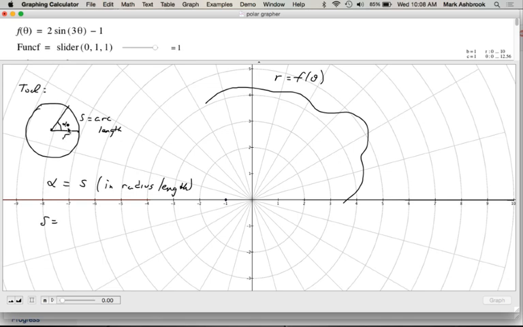It's alpha number of r's of arc length. So s equals r alpha. The radius times the angle measure in radians gives you the arc length. We're going to need that for this.